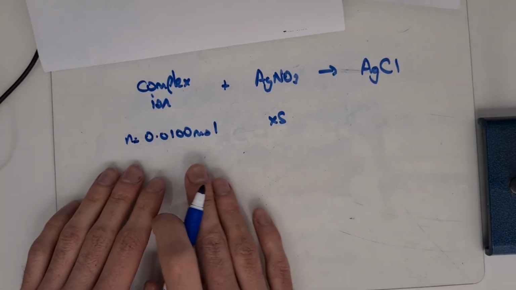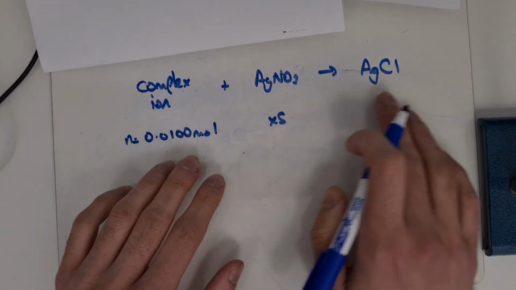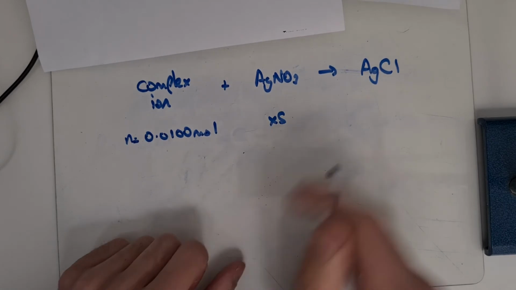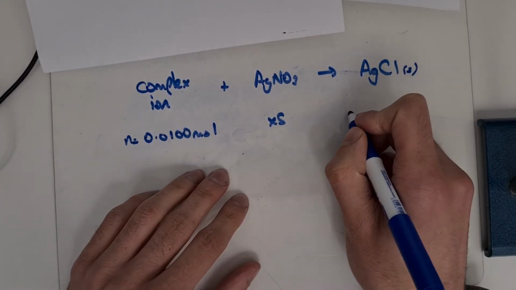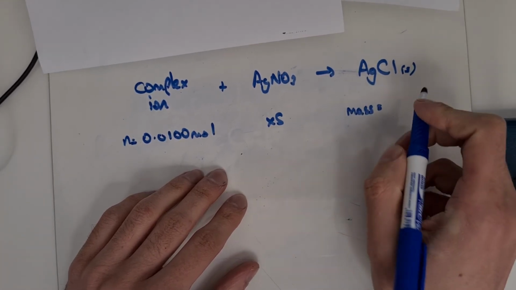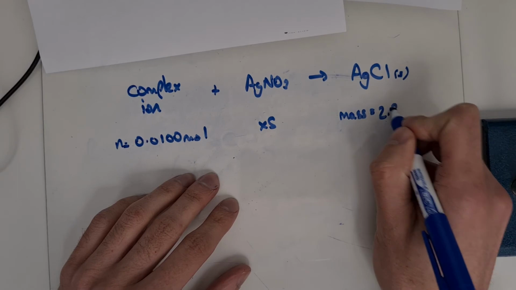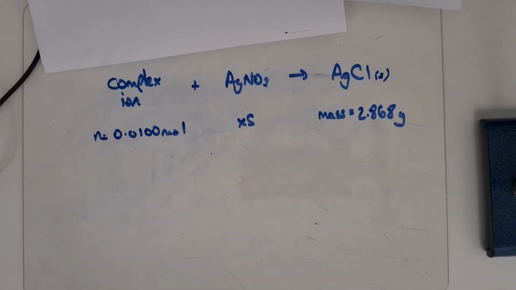Each of the complex ions was made up with chlorides, so with the silver nitrate we'll get silver chloride forming, and that'll be our solid precipitate. So we know that the mass of this is 2.868 grams.